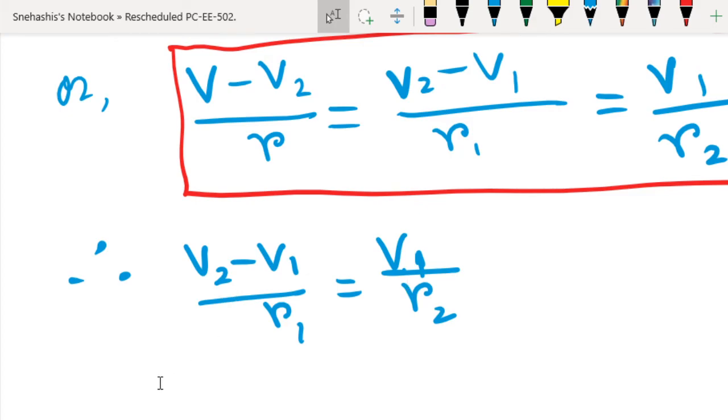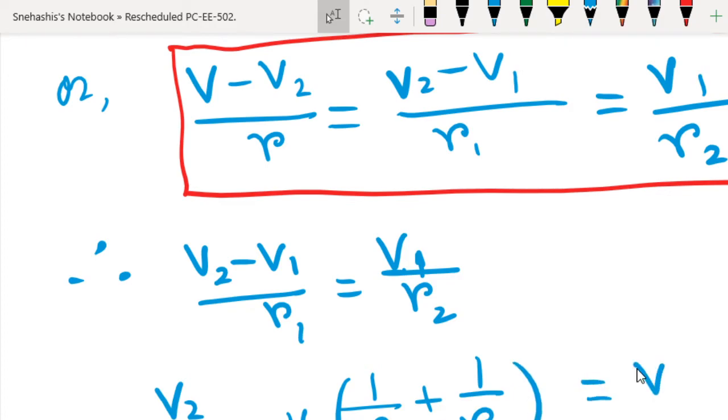So just separate V2. We want V2 in terms of V1. So V2 by R1 equal to V1, take a common 1 by R2 plus 1 by R1, equal to V1 into R1 plus R2 divided by R1 R2.